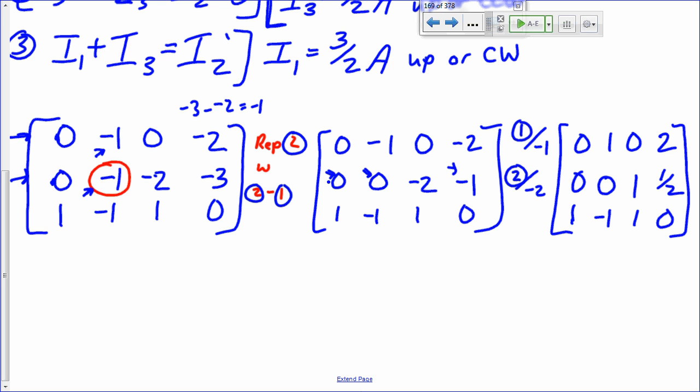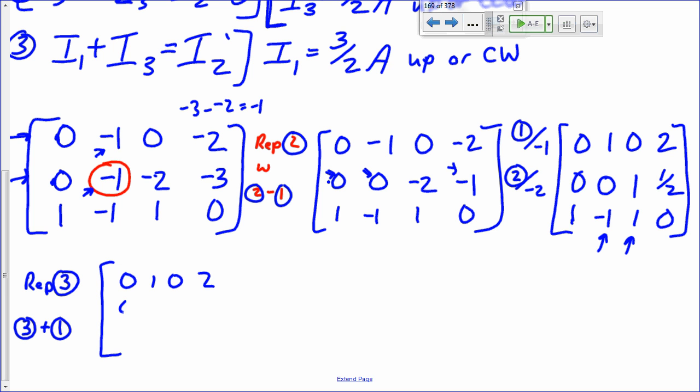All right, so now we want to get rid of this -1 and this 1. So I'm going to replace row 3 with row 3 plus row 1.